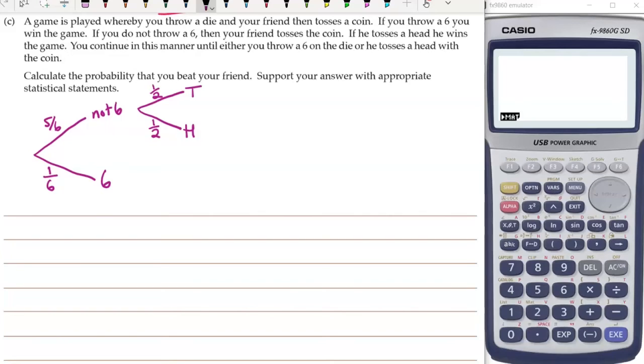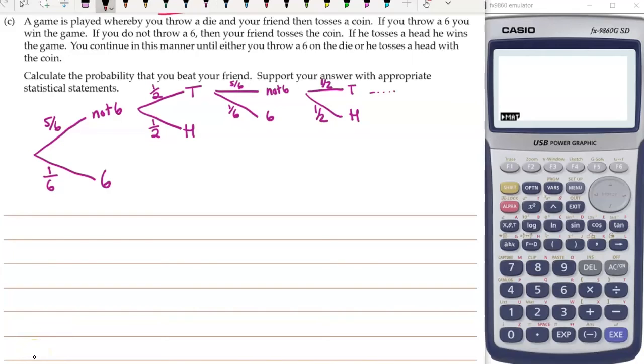If he gets a tails, we do the dice again. So this would go not 6, 6, 5/6, and 1/6. Getting a 6, you would win. Not getting a 6, he has a go at tossing the coin, and so on like that. This branch would carry on doing those patterns.